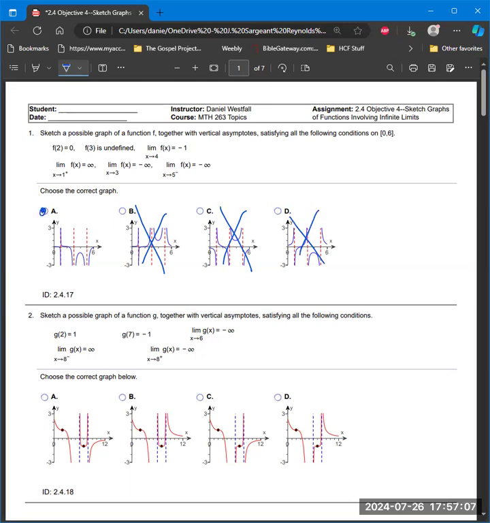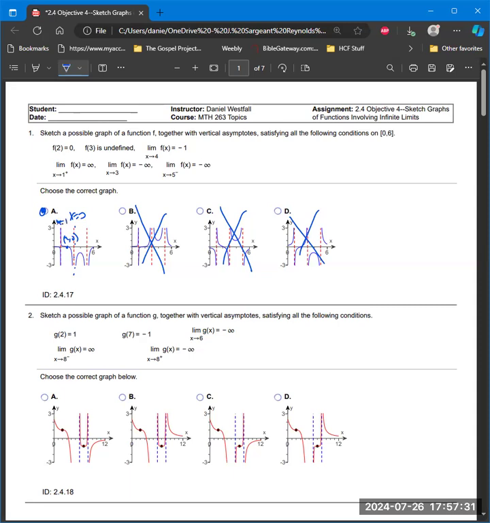So let's just confirm all these things. We have the point (2, 0) on the graph right there. 3 is undefined because of that vertical asymptote there. That's x equals 3.